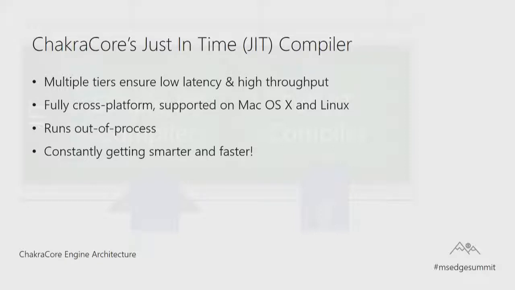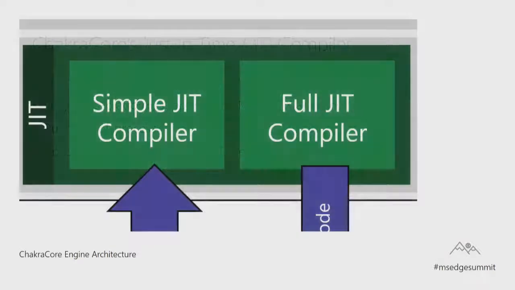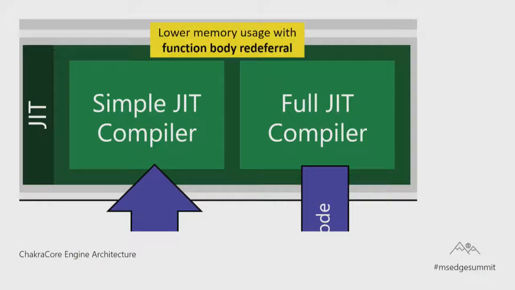When you hear us runtime devs talking about new fancy optimizations that we've done, a lot of them land in the JIT. For example, I talked about the function body deferral optimization earlier, where you can skip parsing a function.